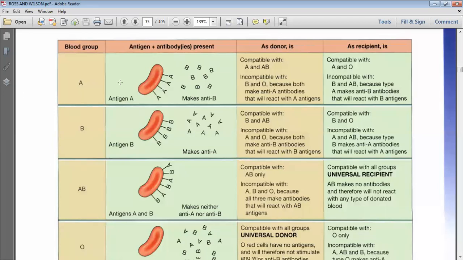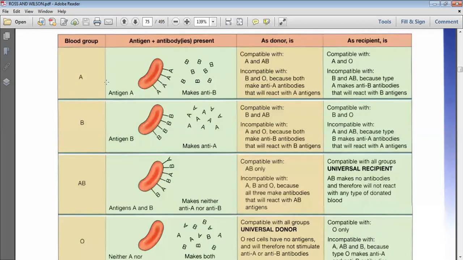So this is the chart. It's showing the different types of blood groups in human beings: blood group A, blood group B, blood group AB, and blood group O. So blood group O person is a universal donor which can donate blood to any type of blood group, while AB blood group is a universal recipient, can receive blood from A, B, and O also.